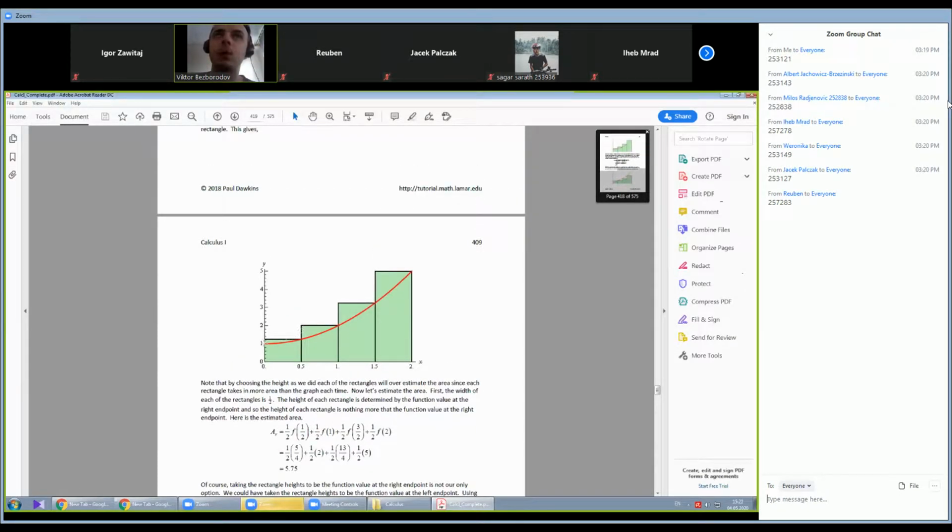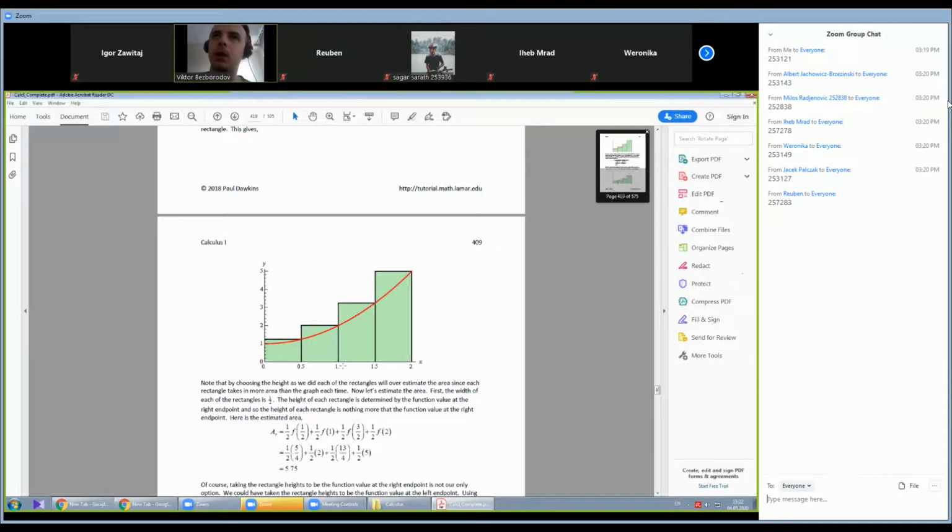Now, what you can do is split your interval into small subintervals. In this case, they have 4 subintervals, and you take the rectangles.